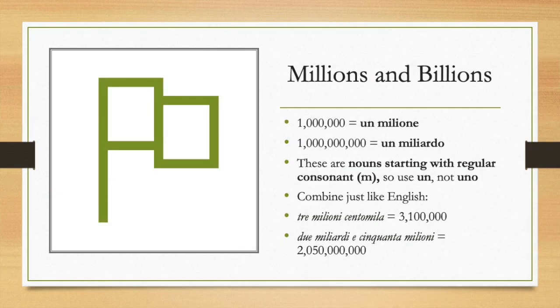When we reach milione and miliardo, remember they act like nouns. They're masculine and they start with a regular consonant, with an M. So you say un milione for a million, un miliardo for a billion. Now, if you want to make bigger numbers, you simply add due, tre in front. And since they are nouns, you have to make them plural.